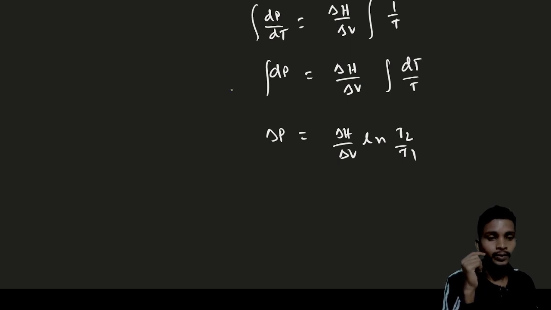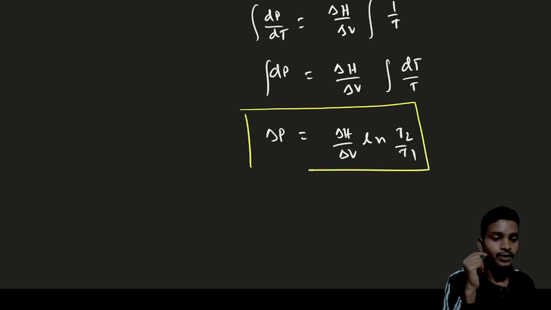So this is the equation if the temperature is not given, if different temperatures like T1 and T2 are given.